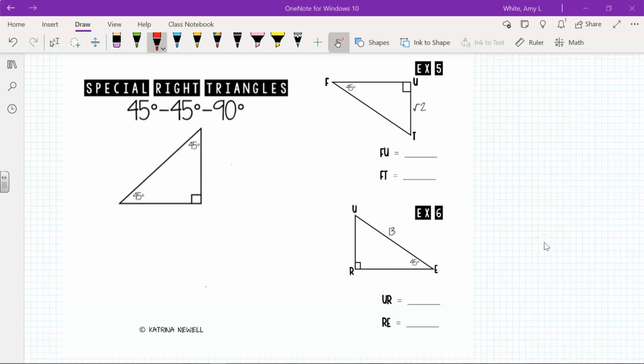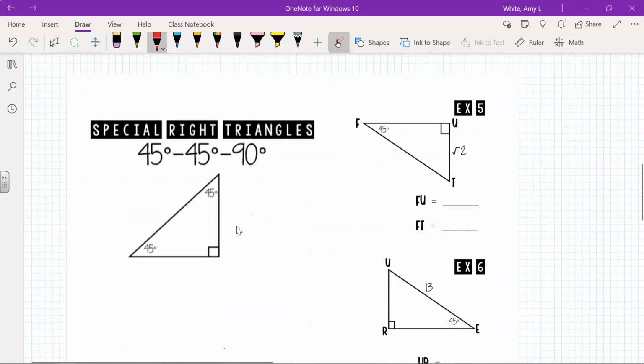Hi everyone. In this video we are going to practice calculating the side lengths of 45-45-90 special right triangles using the rules that we developed in our previous video.